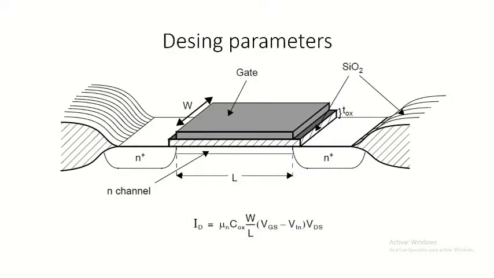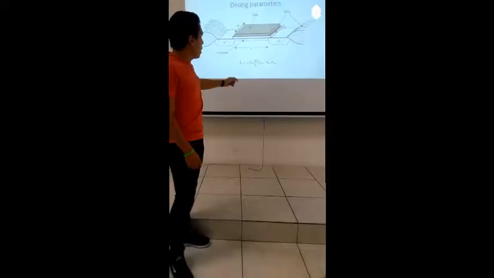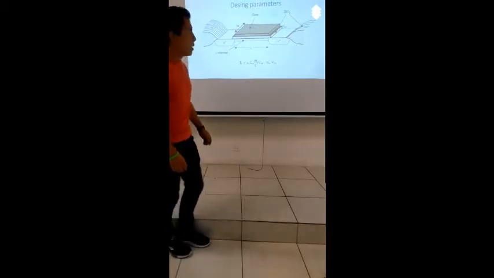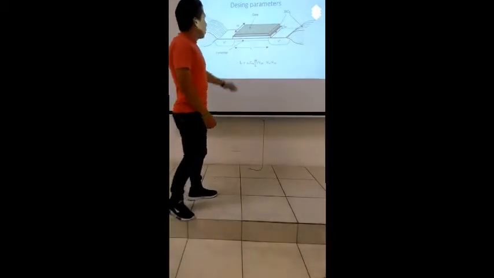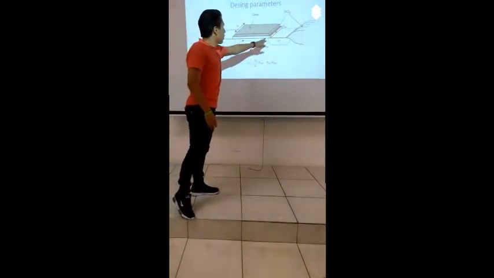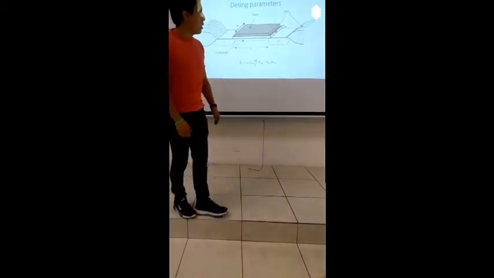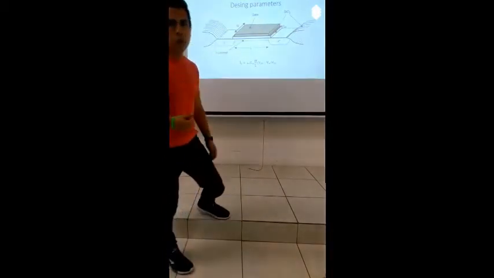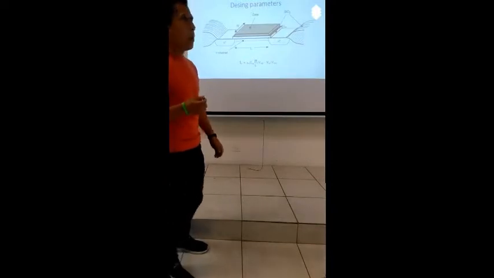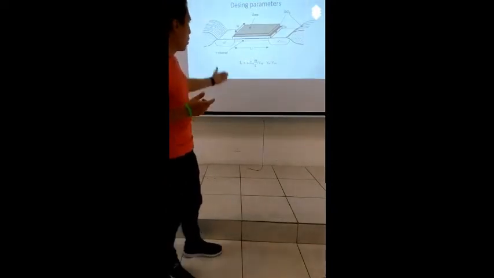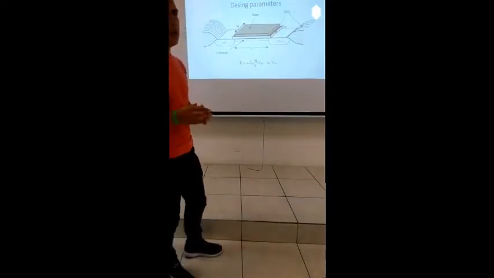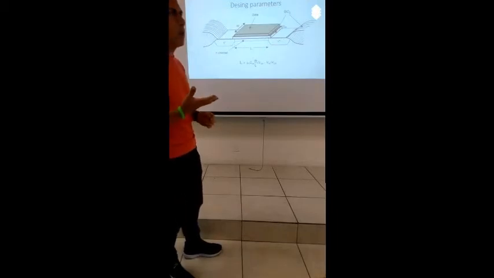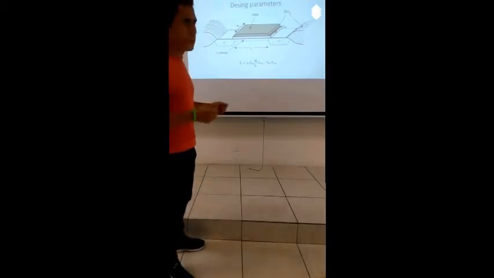How do we explain design parameters? In this graphic, you can see the drain current. It's different because we use the length and width, since it's necessary to have these values to obtain the current to work in the process.